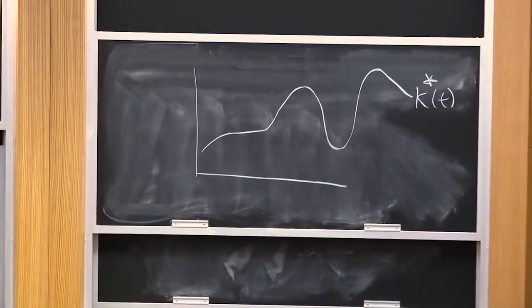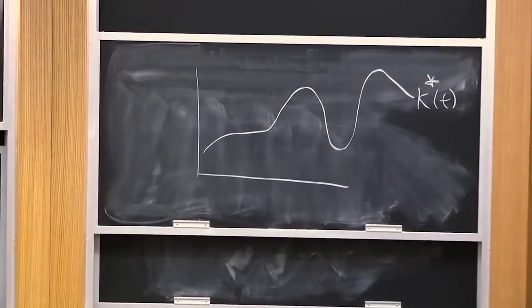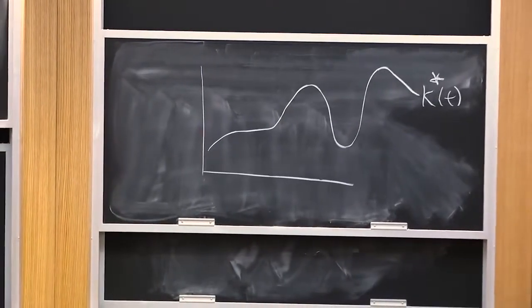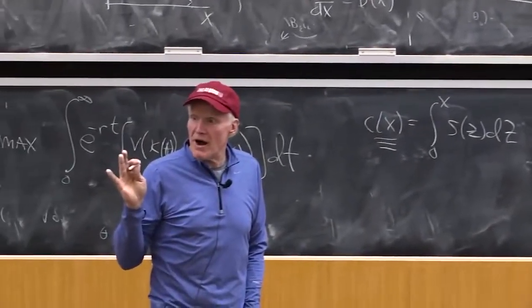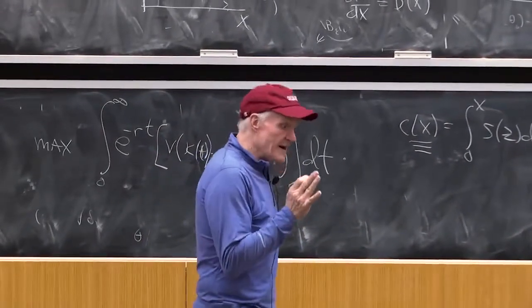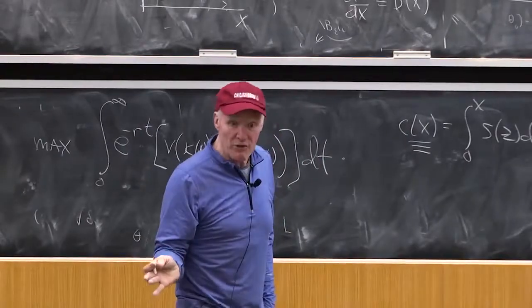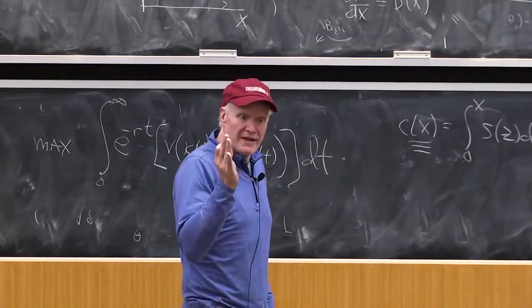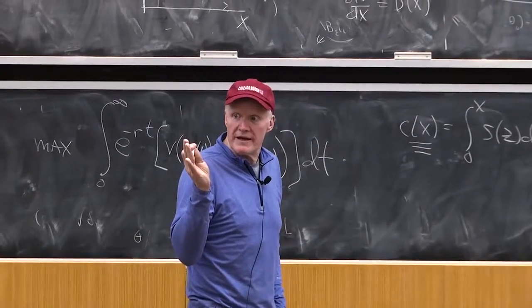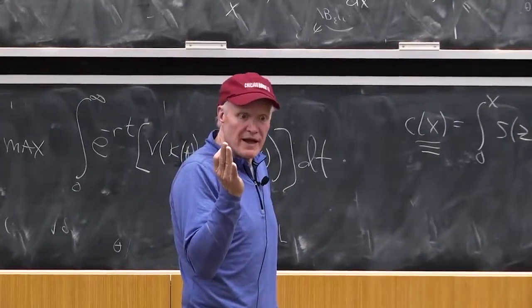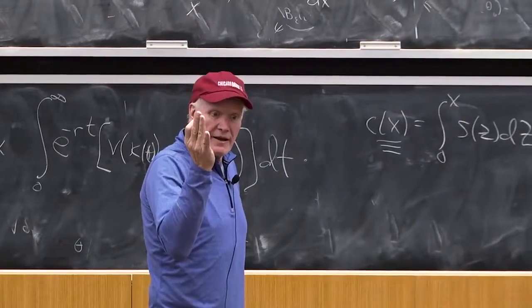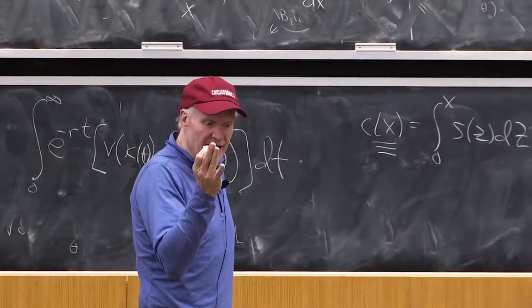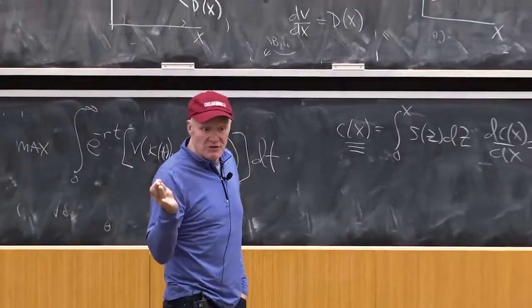In order for that to be the optimal path, what must be true? Yes, that any variation of K dot is not going to make me better off. Since I could make K dot go up or go down, the derivative with respect to K dot had better be 0 at every date. Because if the derivative with respect to K dot is positive, then I should increase K dot. If it is negative, I should reduce K dot.